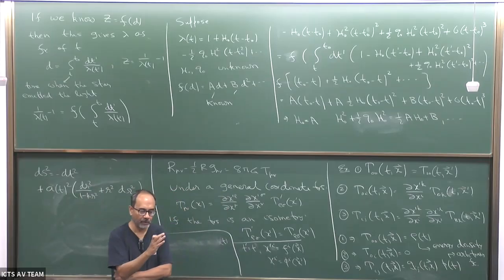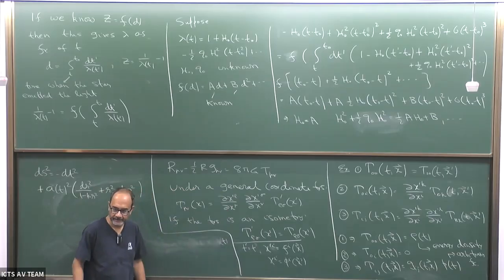Okay, but what I'm going to do now is write down Einstein's equations, and it will become clear that R mu nu does indeed have that structure.